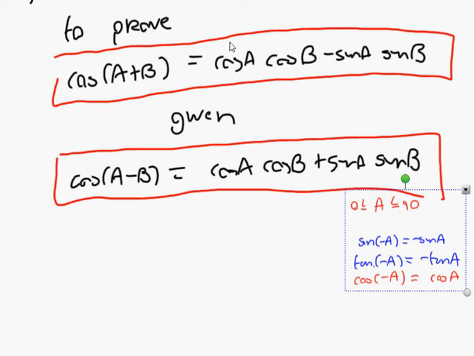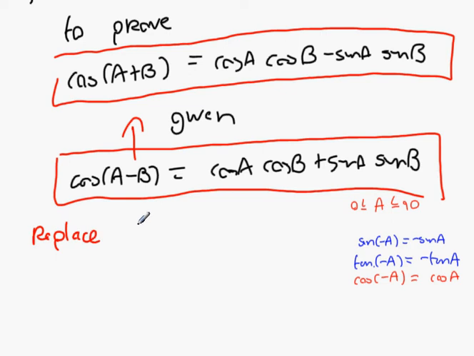It's very quick. I want to turn cos(A − B) into cos(A + B). Anybody know how to do that? Cos A, cos B. Replace B with minus B. Look at this: cos(A − (−B)). What's minus minus B?